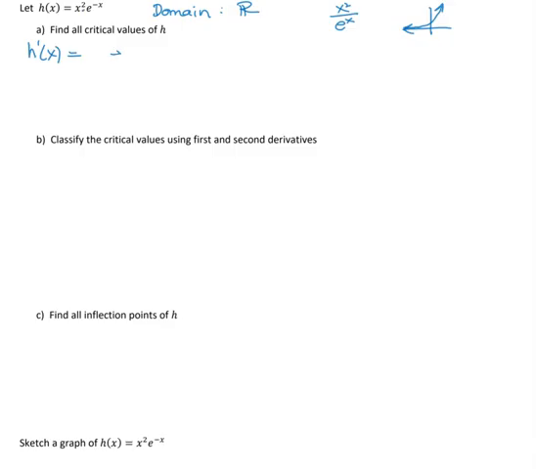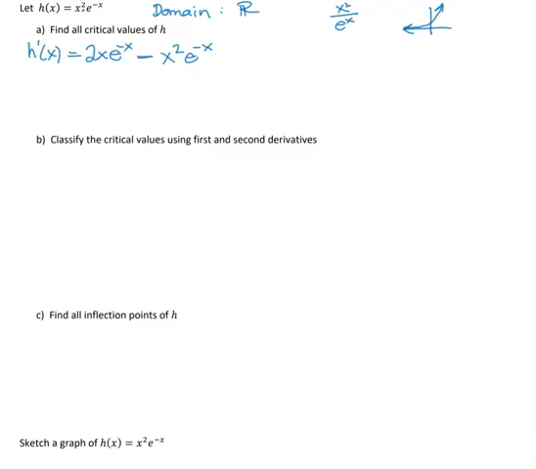So I'm going to have e to the negative x, the second, multiplied by the derivative of x squared, which is 2x, and then I'll have x squared multiplied by the derivative of e to the negative x. e to a power is its own derivative, but if the power is anything but plain old x, you need a chain rule. So I'm going to have to chain out the derivative of negative x, which is -1, and I'm just going to switch that to a minus to make sure I don't make any mistakes with that negative sign.